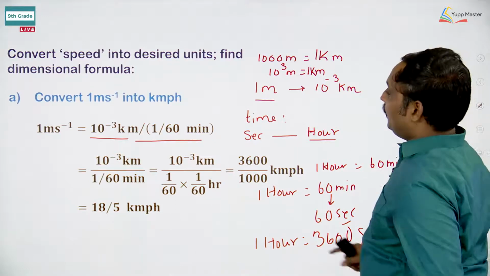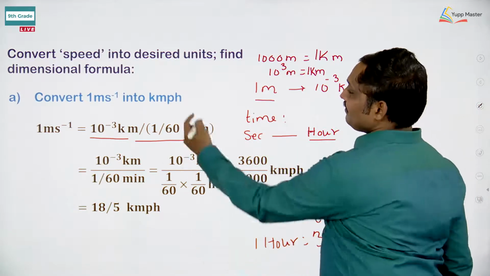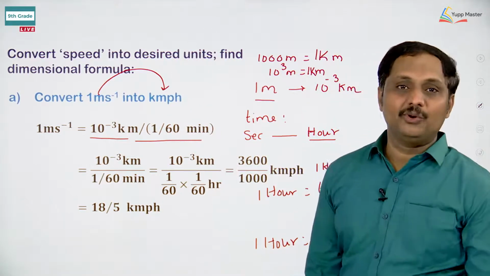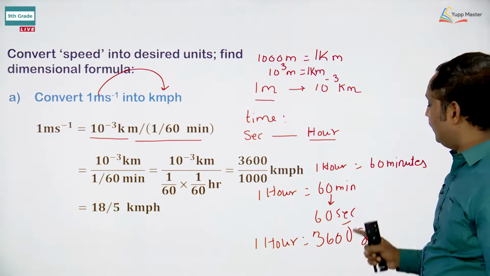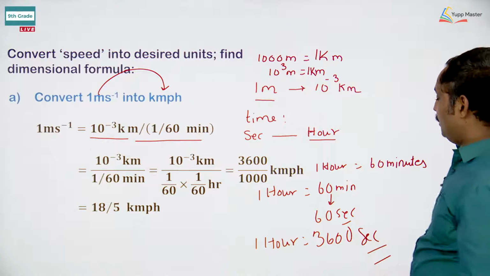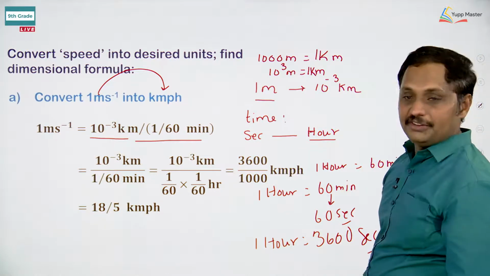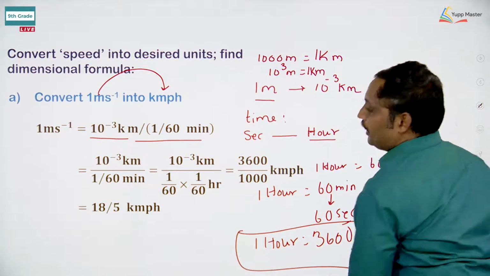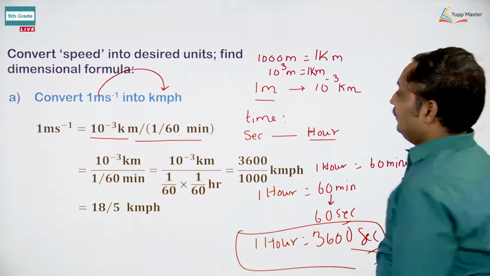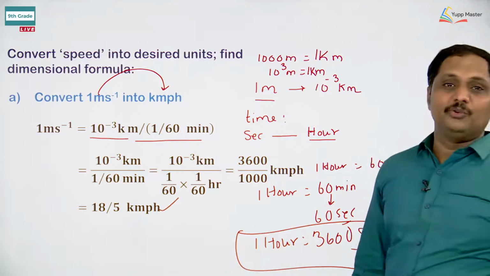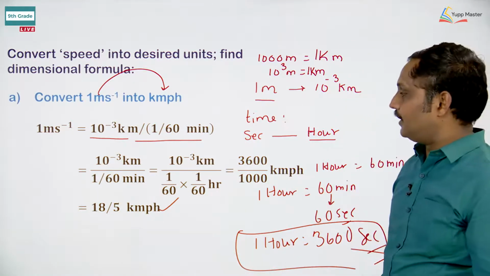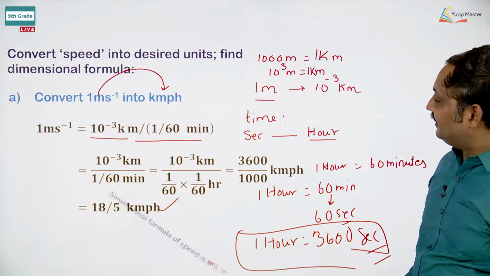Now we are converting meter per second into kilometer per hour. Based on this conversion, we have calculated that 1 meter per second is going to be converted into 18 by 5 kilometer per hour. It's very clear. Now let's go for another one.